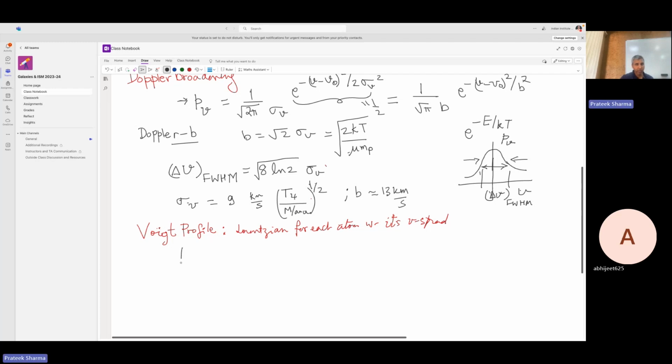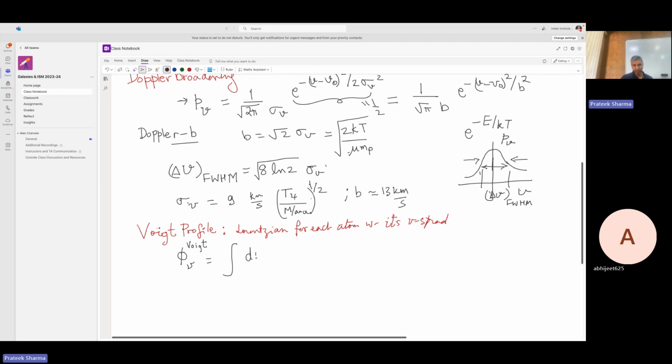So let me write down the line profile. phi nu Voigt is equal to, okay, let me write down something and then I'll explain how we justify it.